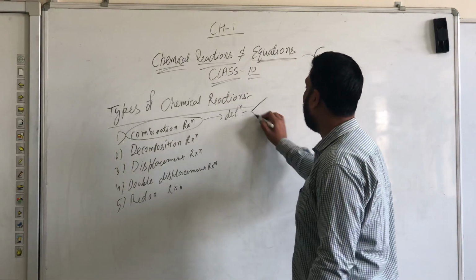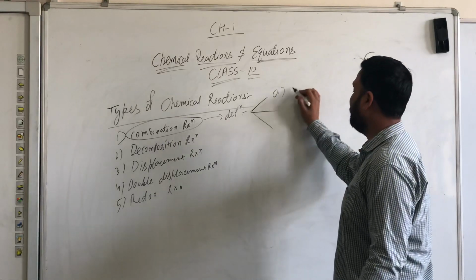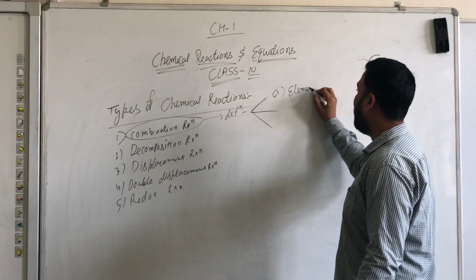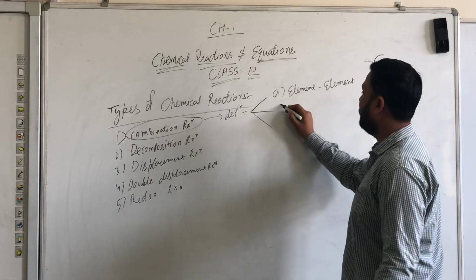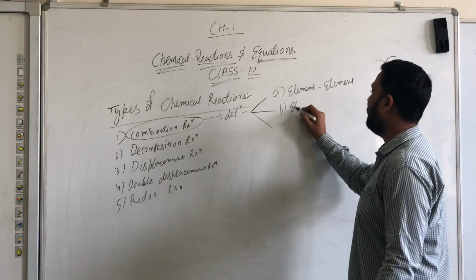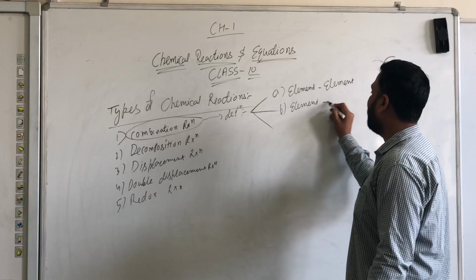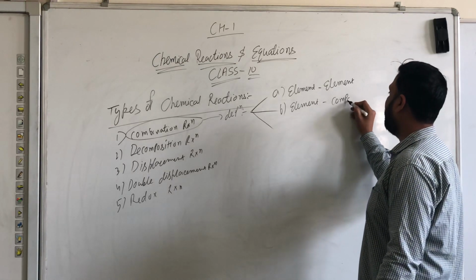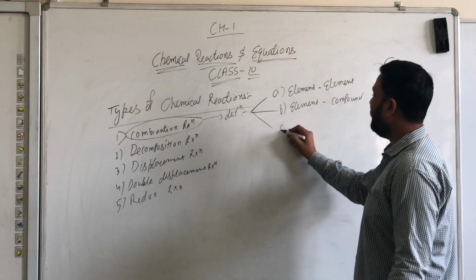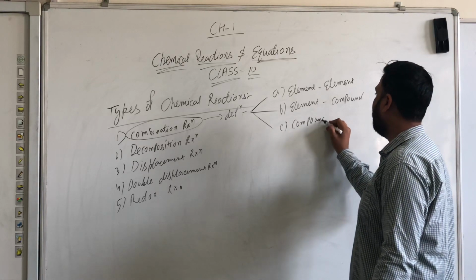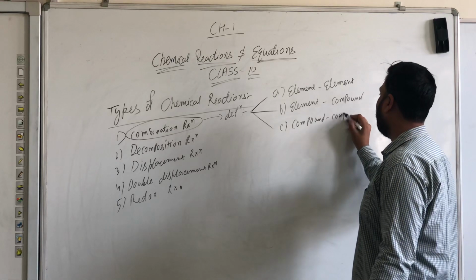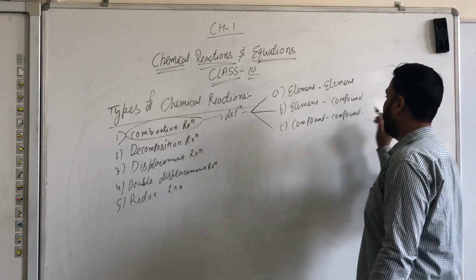Combination reactions are of 3 types. A. When element combines with element. B. When element combines with compound. C. When compound combines with compound.